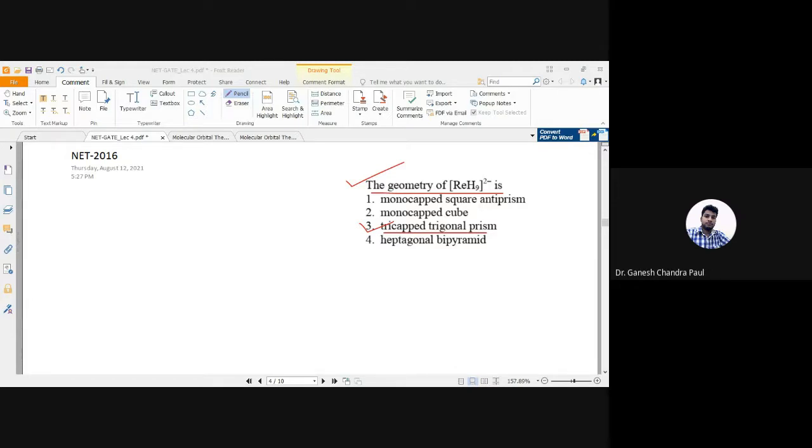Okay, I want to stop the sharing and share another screen.